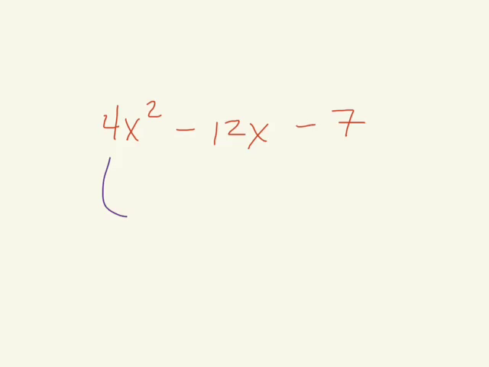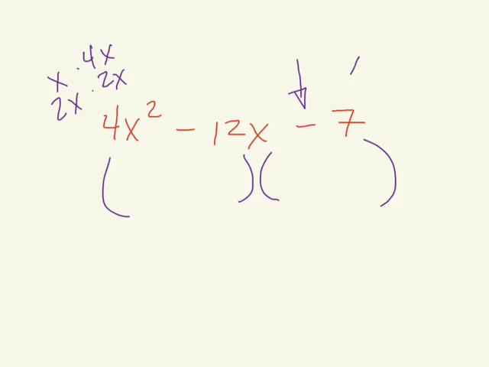So first step, parentheses. Second step, determine the sign. Right here is what determines the sign. It means one's positive and one's negative. I'm not going to put the signs in there. Third step is you're going to factor A into 1x times 4x. It could be that. It could also be 2x times 2x. I'm going to factor C. This would be 1 times 7.